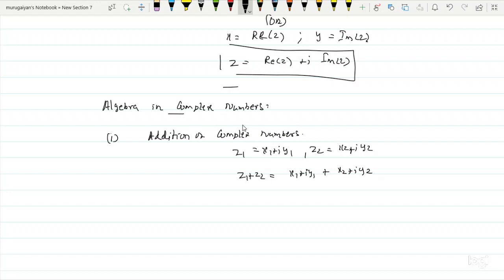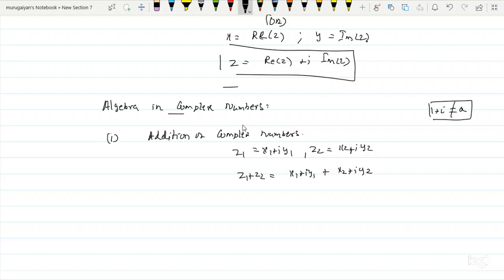Very important point: we cannot combine a real number and a non-real number together. We cannot make it a single number. And 1 plus i cannot be replaced by a single number a. We cannot combine. That is why the separation must be maintained. Real part and imaginary part are always separated.